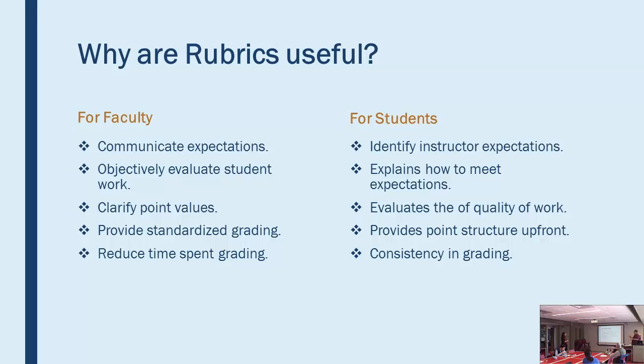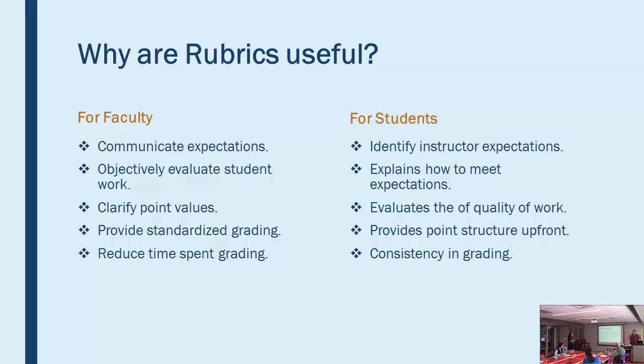So the grading process is really for two people here. It's for the faculty member and the students. So why are they useful to each? We kind of touched on some of them already. But the big thing for rubrics, and some of these actually go across the board, and the biggest one is communicating expectations.